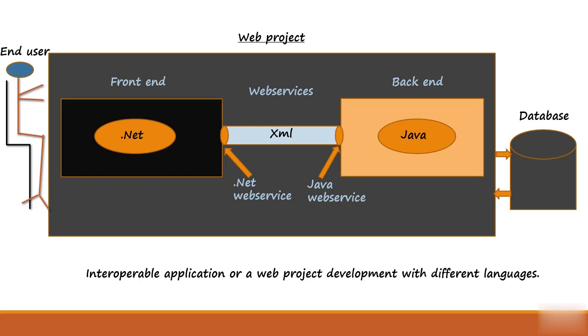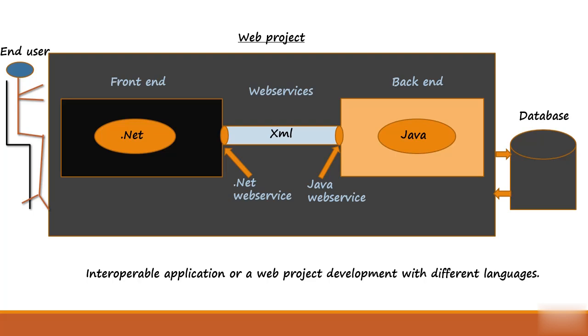We have .NET web services and Java web services. After the request is forwarded to the backend, it will hit the database, then the response will be forwarded to the backend. After that, the response goes through XML. Web services will convert the data from Java to .NET by using XML.